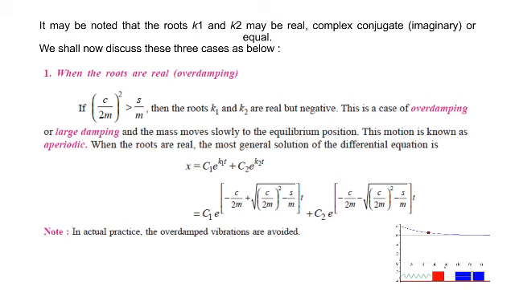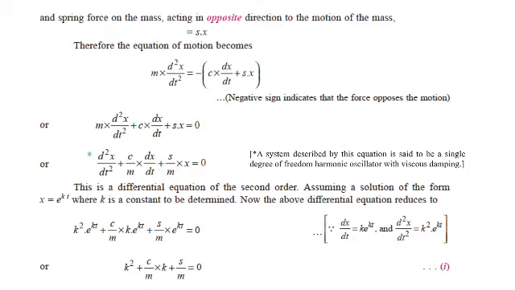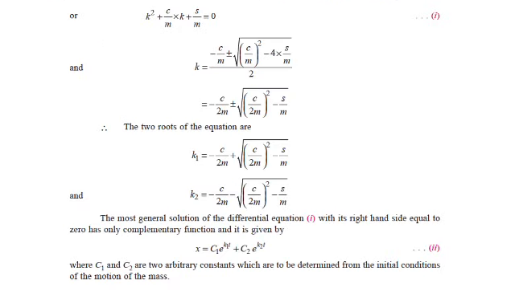It may be noted that k1 and k2 may be real, complex conjugate, or equal. So the solution of the differential equation marked with the star can be written as x is equal to c1 into e raised to k1t plus c2 into e raised to k2t.